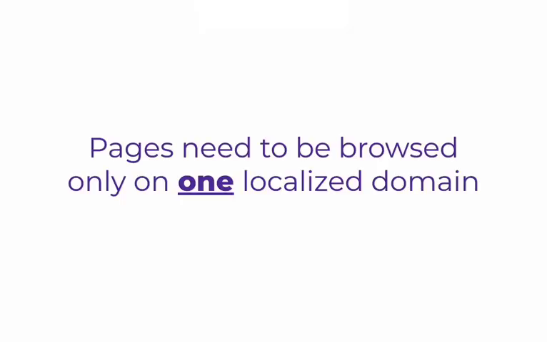If you use the GDN to translate your website into multiple target languages, you do not need to browse the localized page for each language. It is sufficient to visit the localized page for one of your target languages to scan it for translatable text. Once it is in Smartling, the source content can then be translated into all of your target languages.